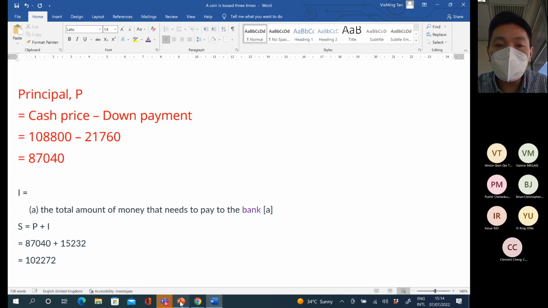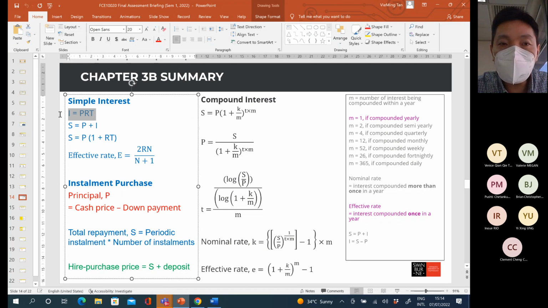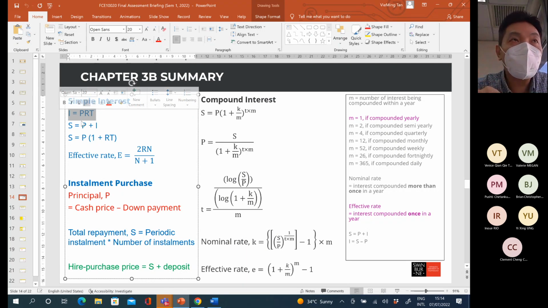So we go back to the formula sheet again. What is the formula to get the I value? What is the formula we have to use? We use this formula, the blue one, because the 3.5% is a simple interest rate.